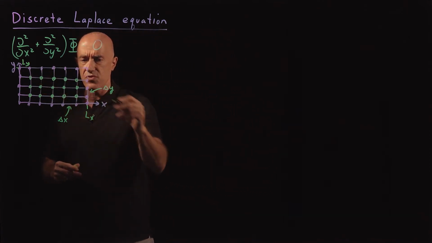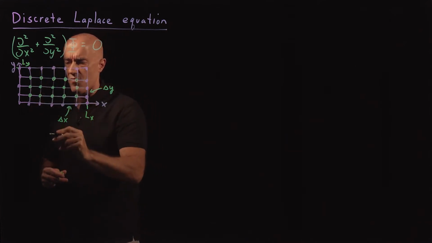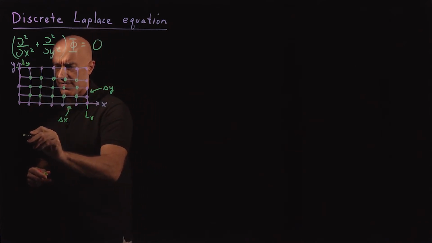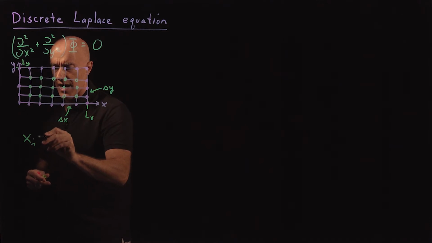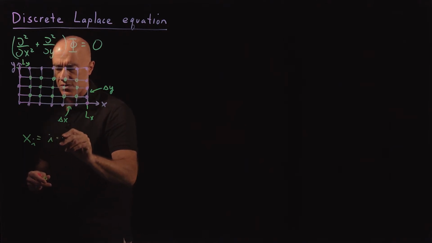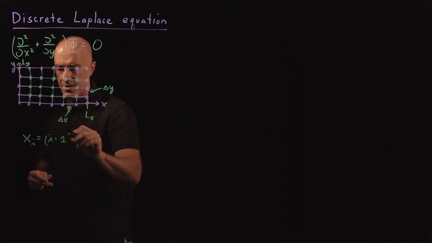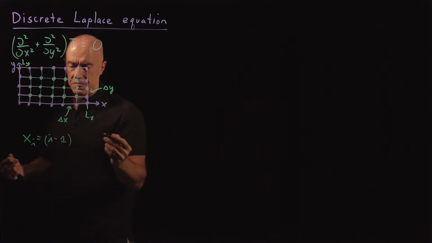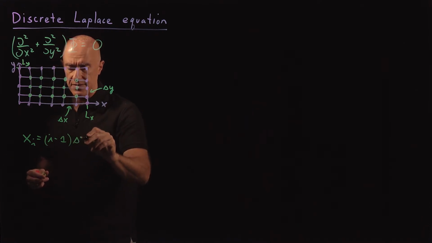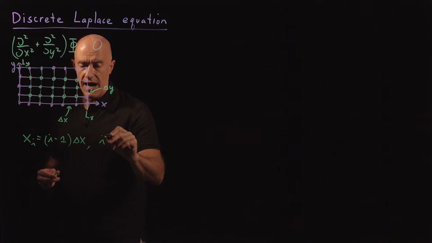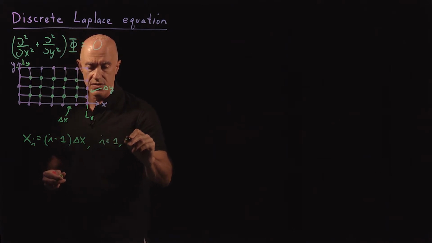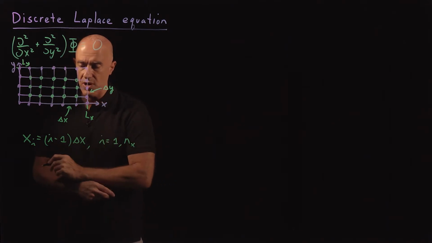So we have grid points, grid in x, grid in y. We can define x sub i then equal to i minus 1 times delta x. And then i can go from 1 to little nx grid points.